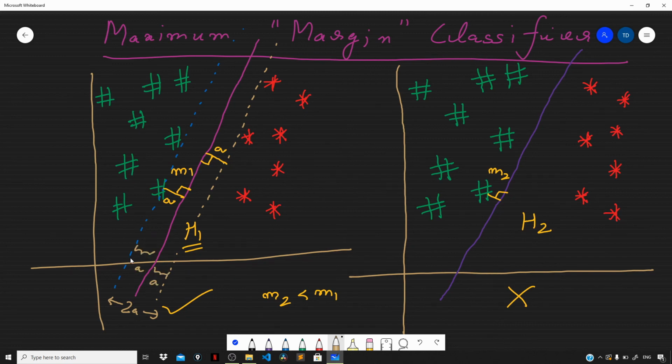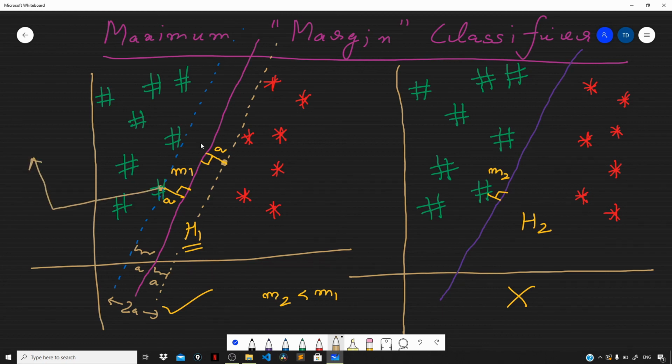Now one other thing, that these 2 points, this one and this one, are closer to the hyperplane and they help in influencing the position and the orientation of the hyperplane. So these are called as support vectors and they play a key role in helping us build our optimal classifier. So let me write this down.